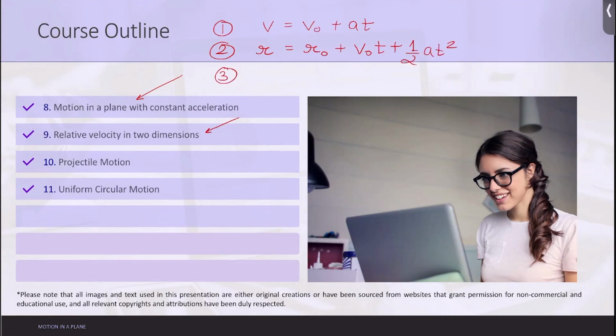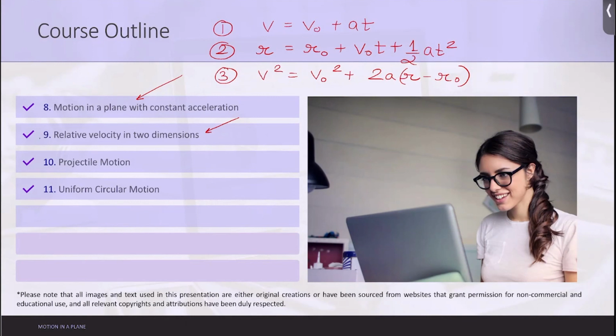And the third is v square equals v naught square plus 2a dot r, where r can be r minus r naught. That's how the three kinematic equations are derived, and we can implement all of them.